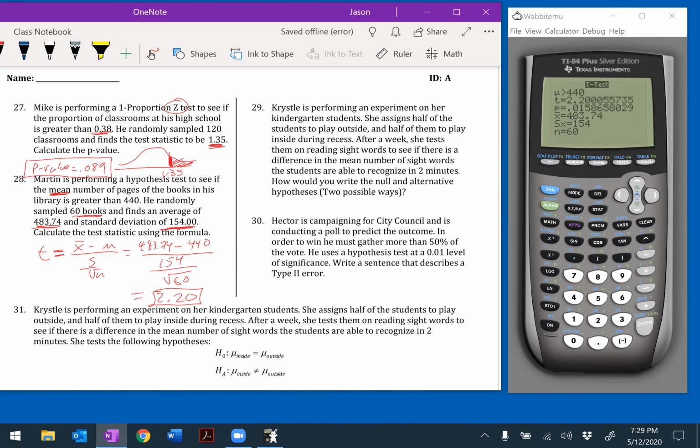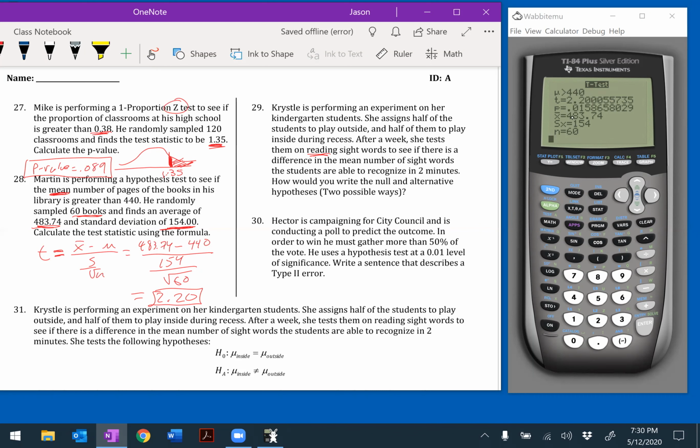Okay. How would you write the null and alternative hypothesis? There's two different ways. We're comparing group A to group B, and the number of sight words. She tests them on the number of sight words, so that would be an average number of sight words.